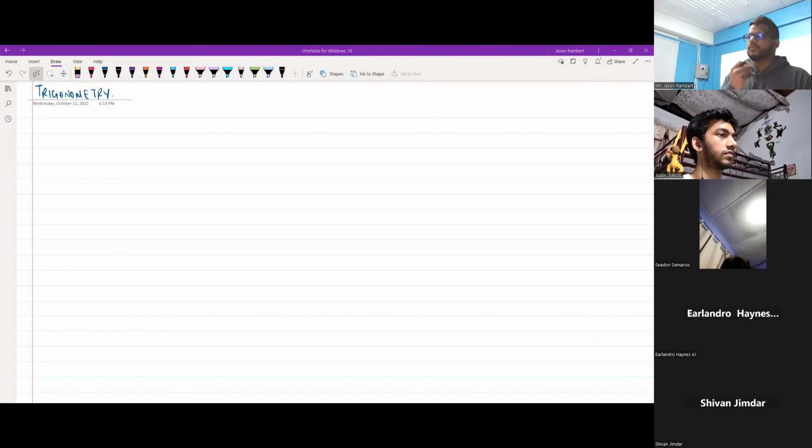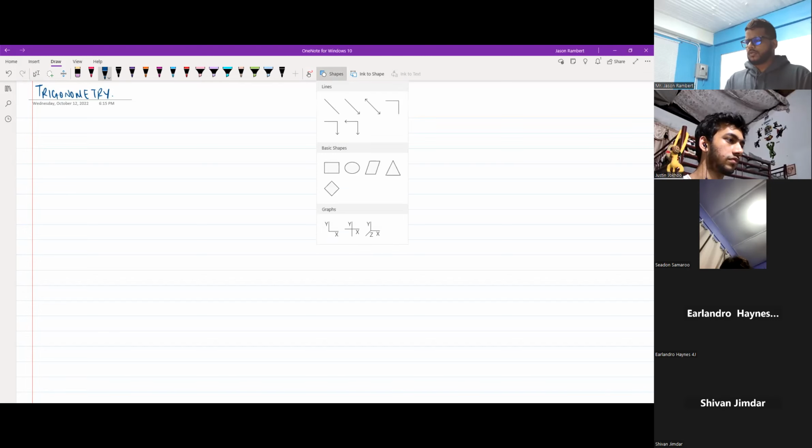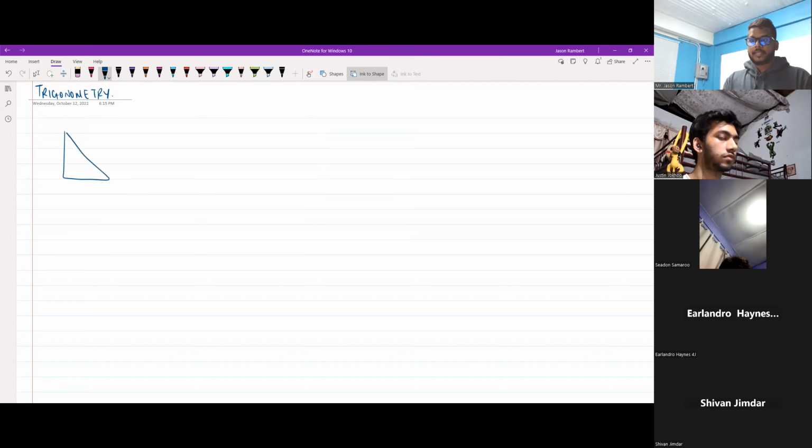And we need to know the formulas associated with these right angled triangles. You're supposed to be familiar with Pythagoras theorem. Yeah? Pythagoras theorem is applied to all right angle triangles.